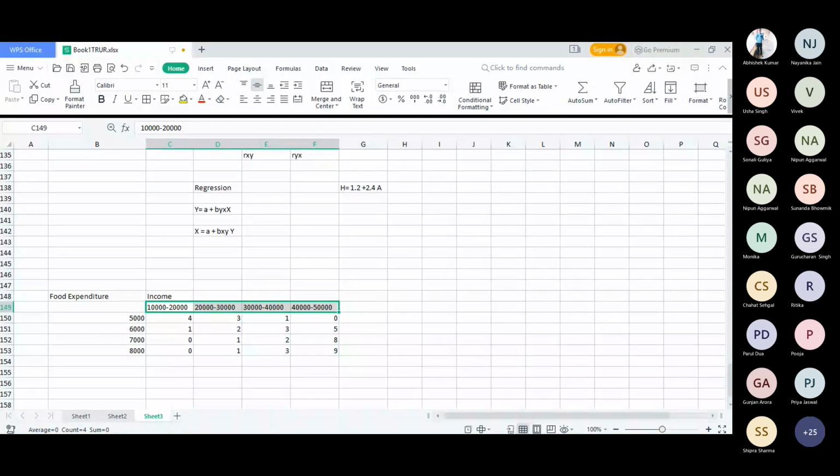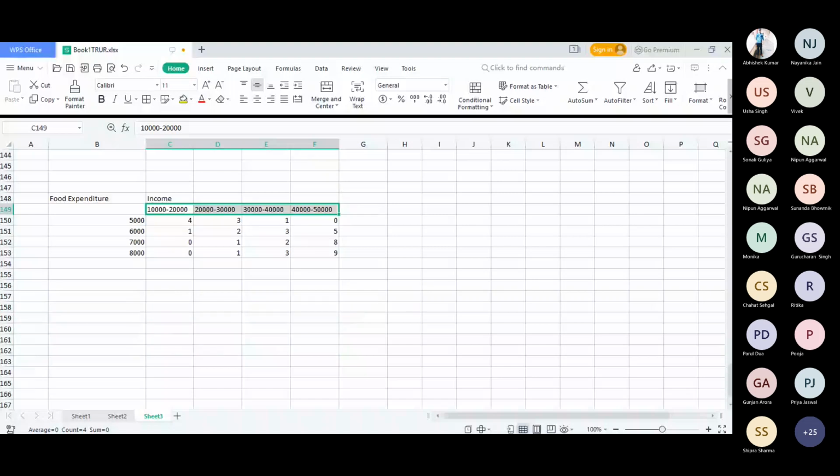Now, if it is continuous data, you first have to check the same two criteria: equal class size, so each class has an equal class size of 10,000, and the upper limit of the first should match the lower limit of the second. Then both conditions are satisfied, so we can proceed further.